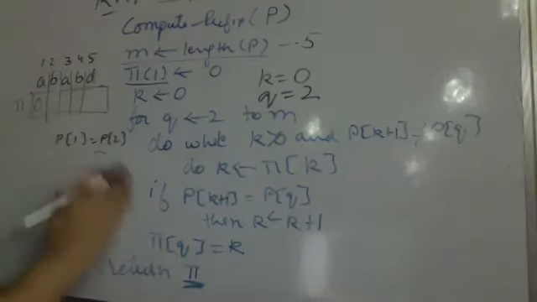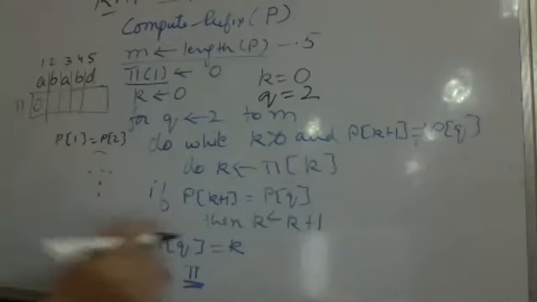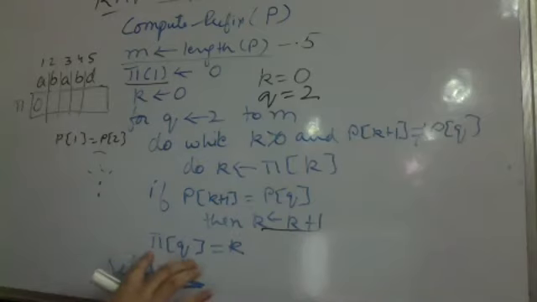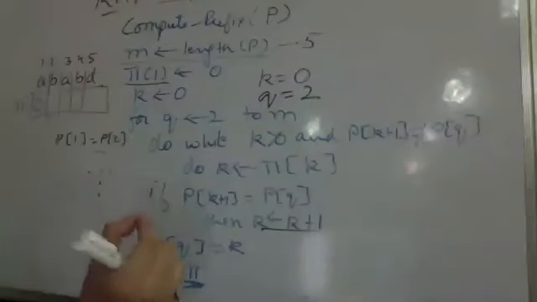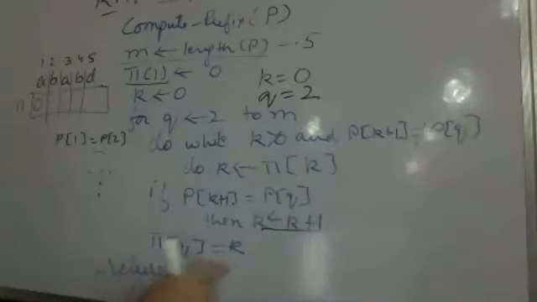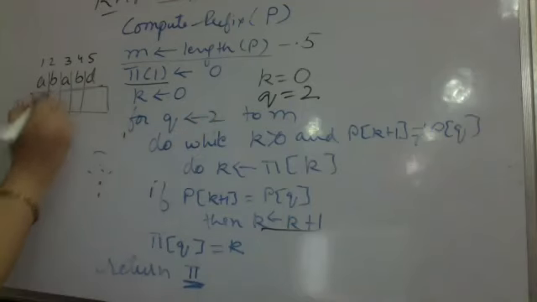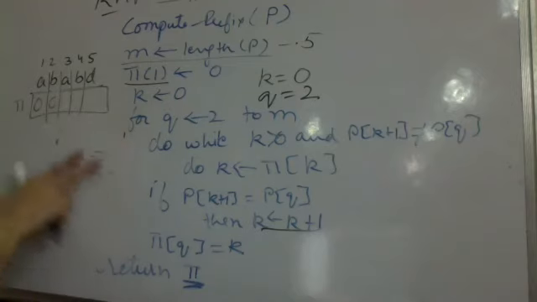Since this is not true, k will not be equal to 1. Otherwise, since k has not been incremented, k remains 0 here. Pattern value for q is 0. So pattern value of current q, which is 2, becomes 0. I move on to the next iteration of the loop.